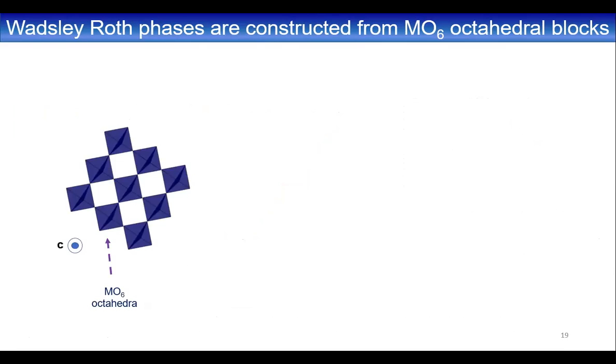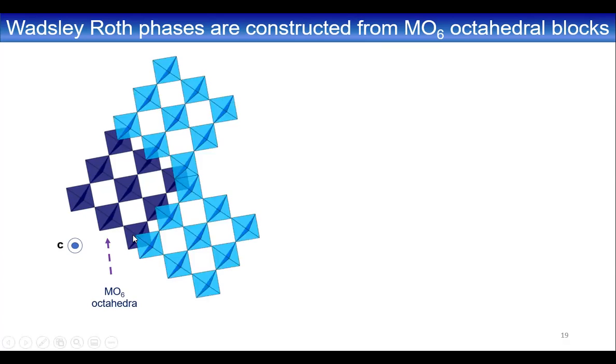So these Wadsley-Roth phases are constructed by these transition metal O6 octahedra, where again, you have a transition metal in the center and then oxygens at each of these corners. So 6 oxygens around it. And you can take these octahedra and tile them so that there's, in this case, a 3x3 block of these octahedra.